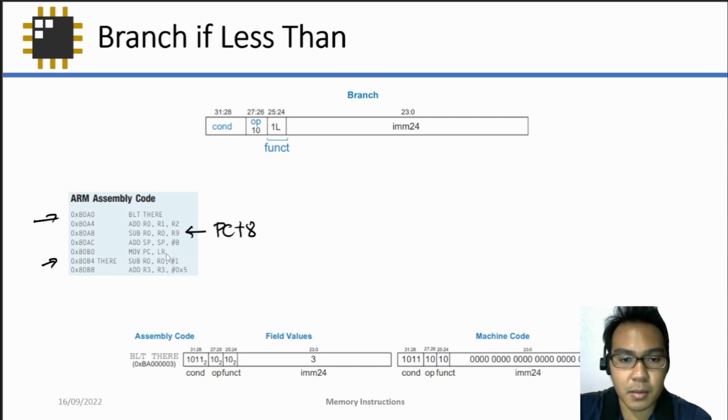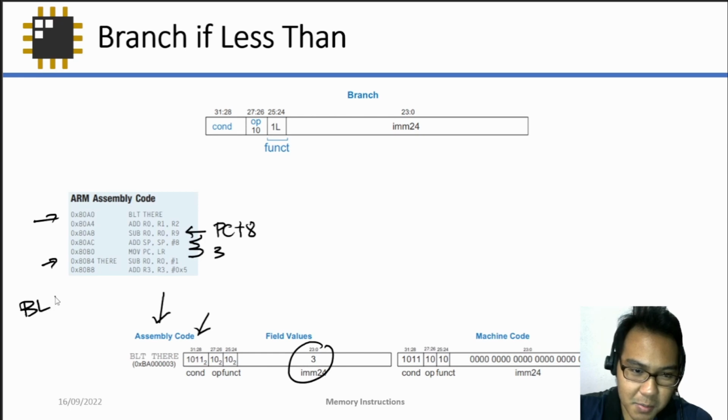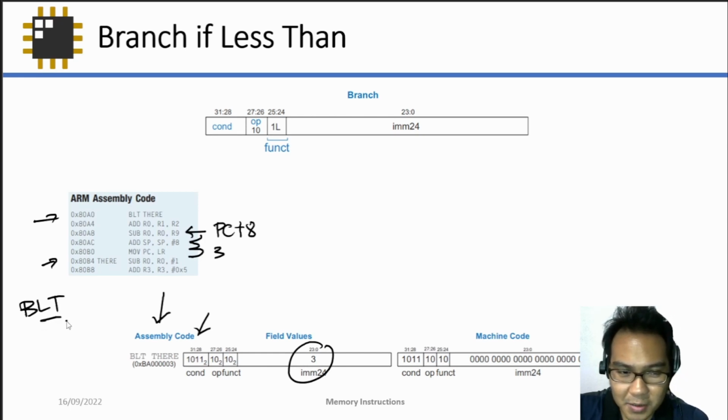And now you have the label over there. So 1, 2, 3. M24 has to be 3 for this code. So if you translate BLT there, M24 will be 3. Condition always, because there's no condition for BLT. Okay, never mind, it's branch if less than. So the condition code for branch if less than. Don't get confused now: the L here doesn't mean it's a branch and link.